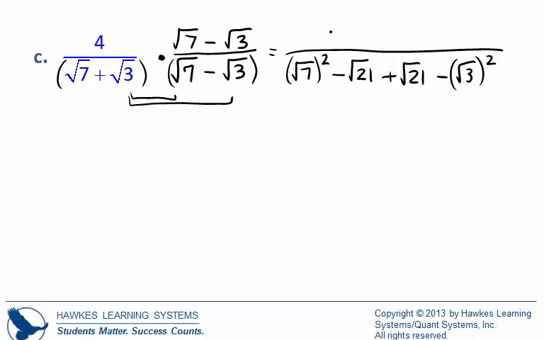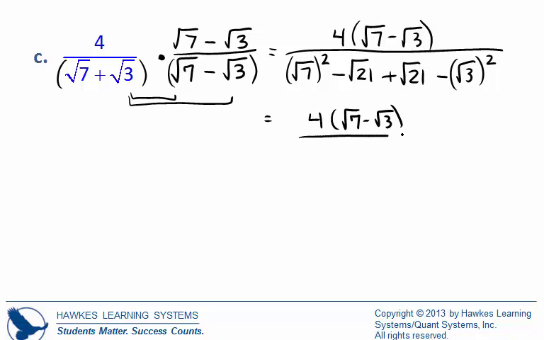For the numerator, I'm just going to leave it for right now as 4 times the square root of 7 minus the square root of 3. And we'll come back and simplify it later if we think it's going to help. So again, leaving the top part as it is. Let's see what happens on the bottom. The square root of 7 squared becomes 7.